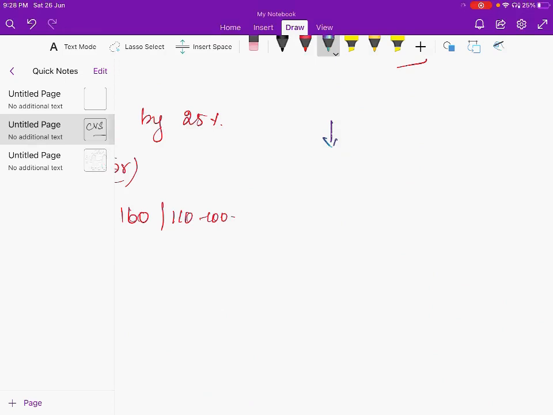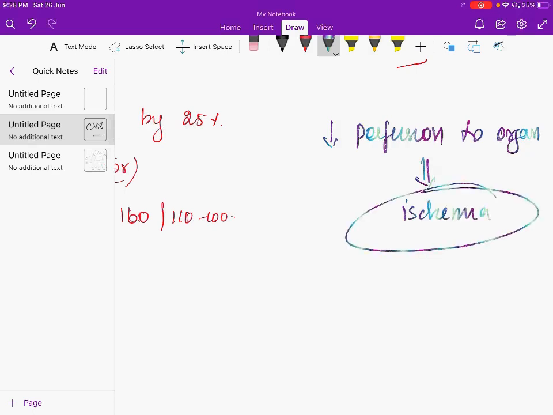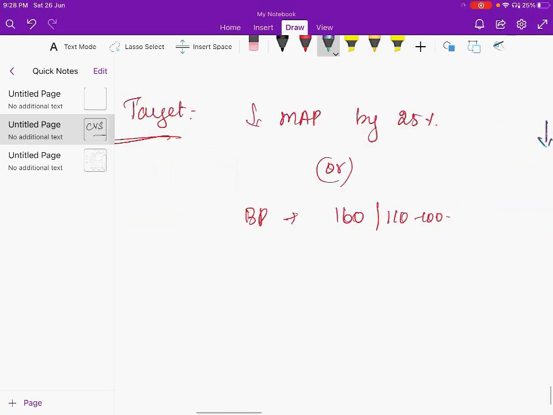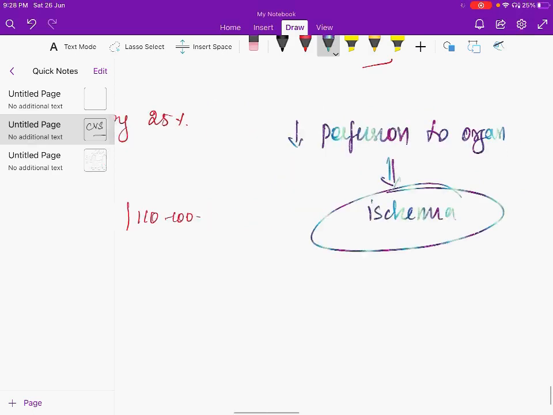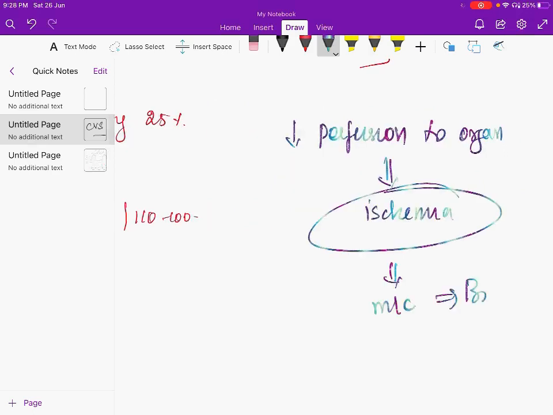So suddenly reducing it will cause reduced perfusion to organs, and in turn will cause ischemia, and most commonly it is seen in the brain. Okay.